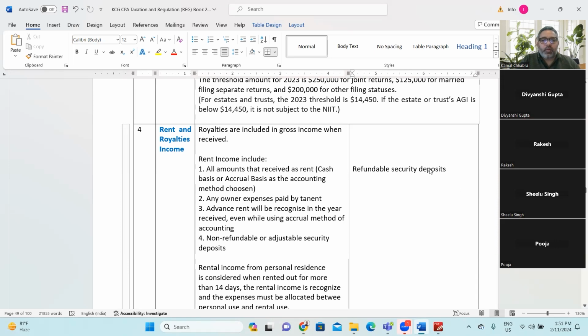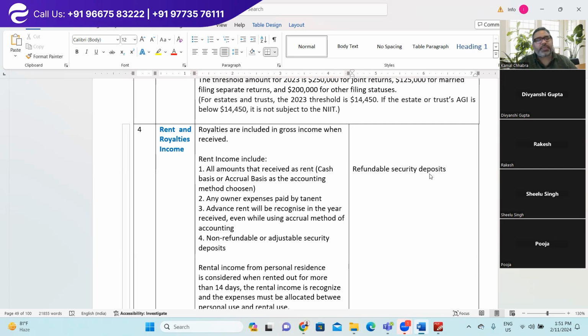Okay, so royalties are included in gross income when received. From the tax purpose, it is on a cash basis, on receipt basis, not accrual basis. Rental income includes all amounts received as rent, whether on cash basis or accrual basis of accounting, whichever method you are choosing.